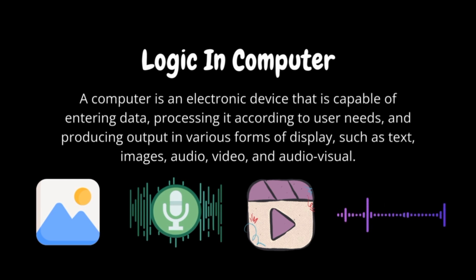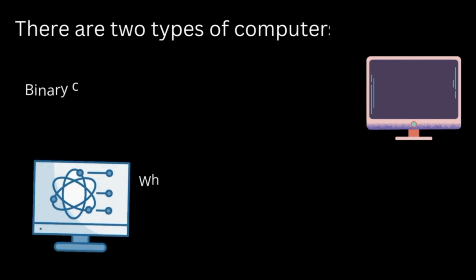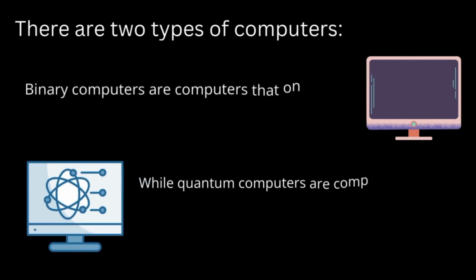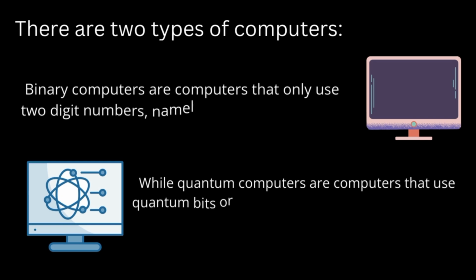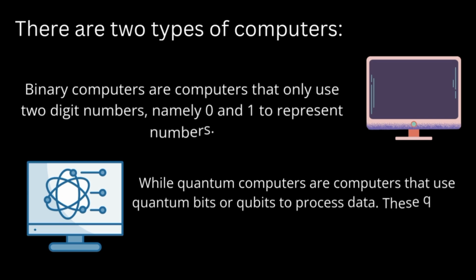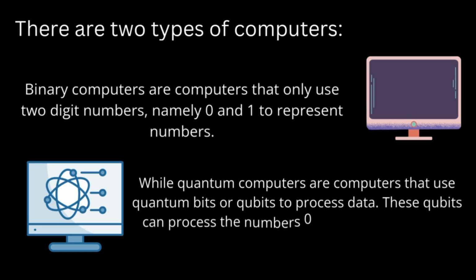There are two types of computer, namely binary computer and quantum computer. Binary computers are computers that only use two-digit numbers, namely 0 and 1 to represent numbers, while quantum computers are computers that use quantum bits or qubits to process data. These qubits can process the number 0 and 1 simultaneously.